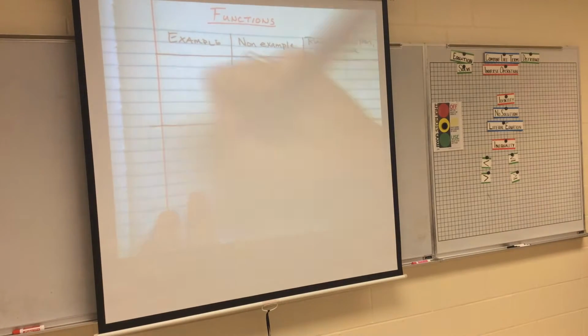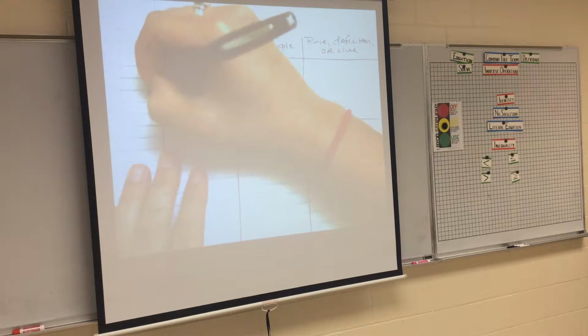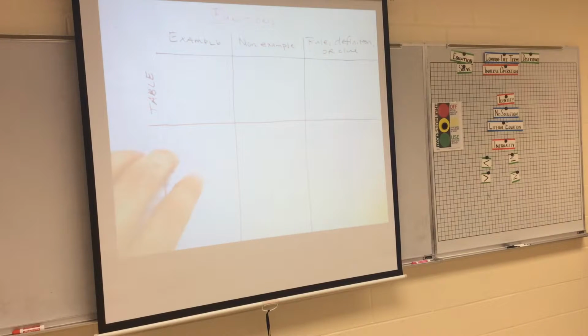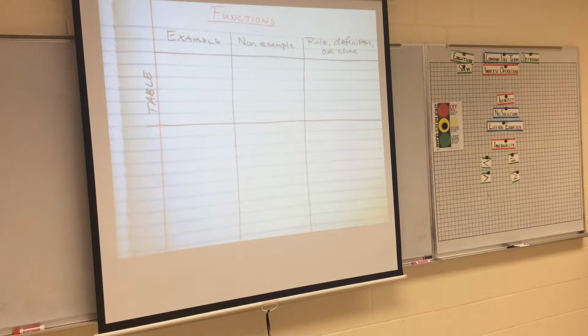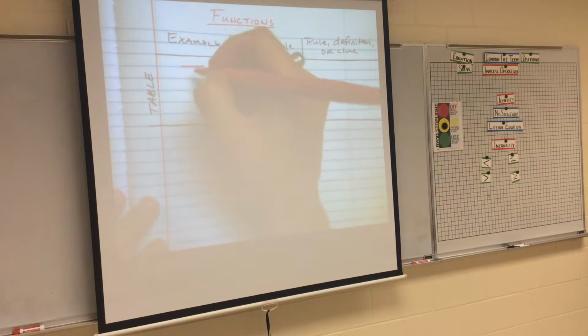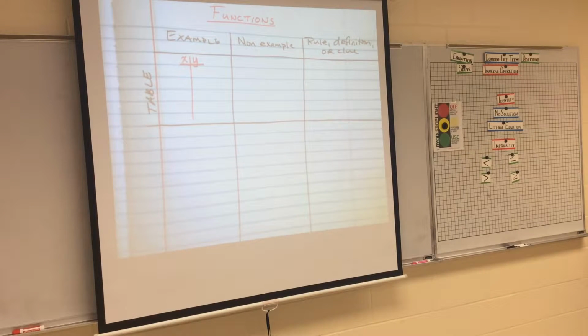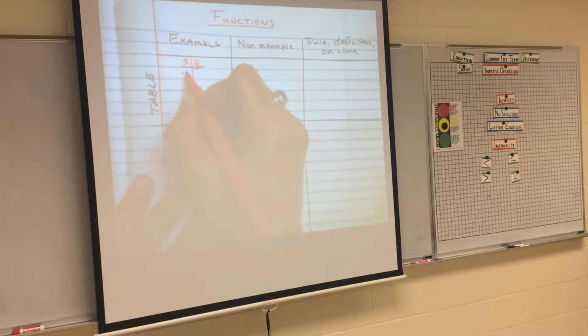All right, so first we're going to talk about functions from a table. Can everyone see? Do I need to zoom in any? I skipped about 6 lines. Alright, so I'm going to have a table with some x values and some y values.